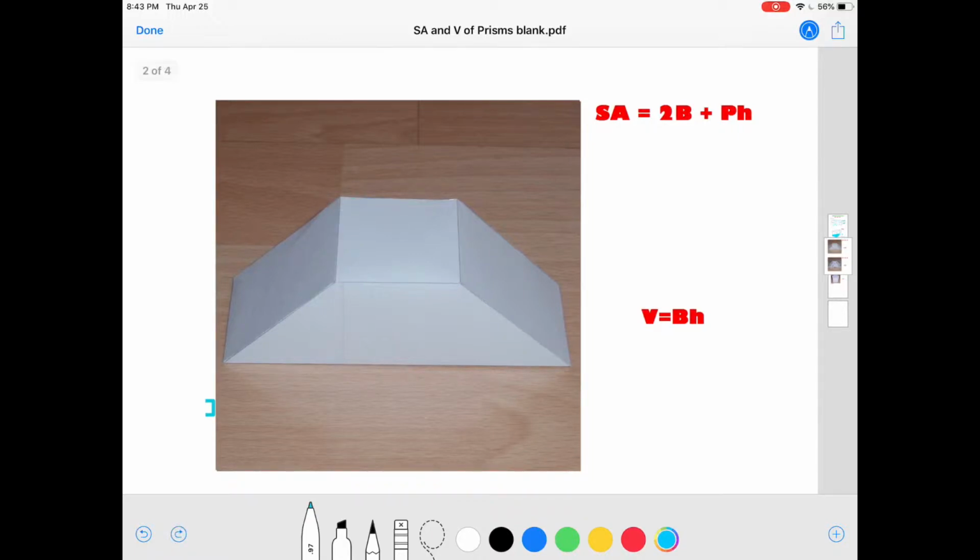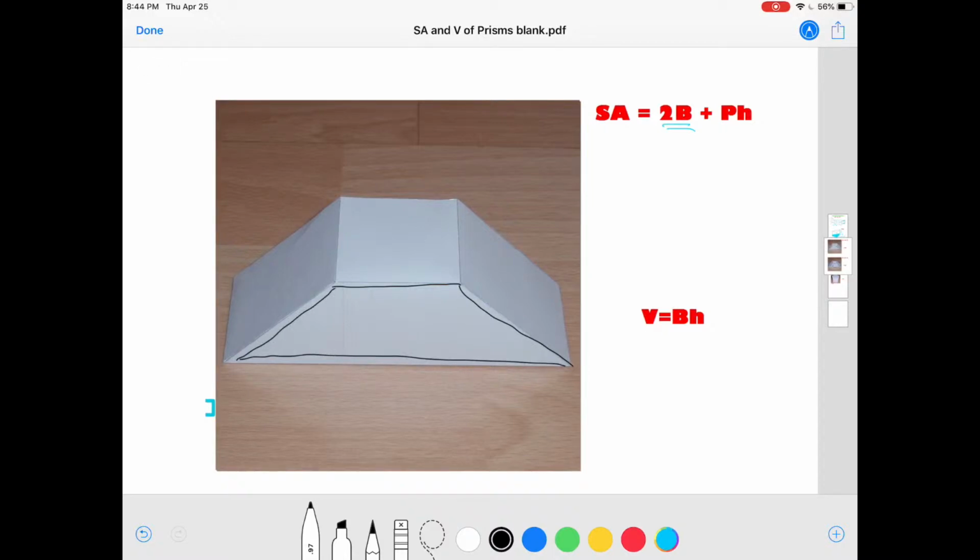But remember that in a prism you have to have 2 identical base shapes, and they have to be parallel to each other. So it couldn't be this face and this face. Even though those look congruent, they're not parallel. They would eventually intersect. The weird part about this is that this is actually a trapezoidal prism.